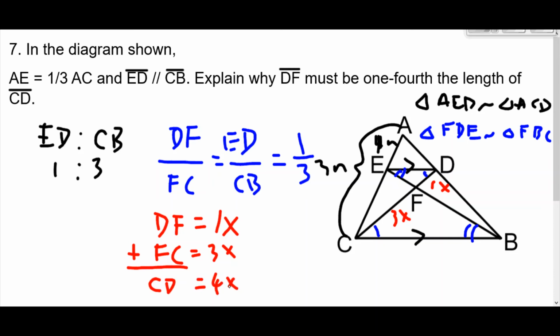Now, that being the case, the ratio of DF to CD is 1x to 4x. Hey, there goes our ratio of 1 to 4.